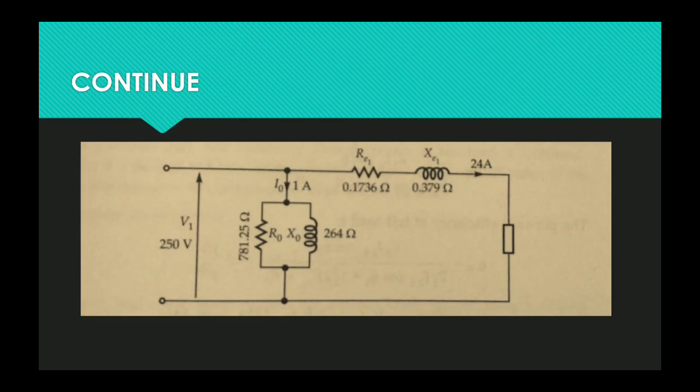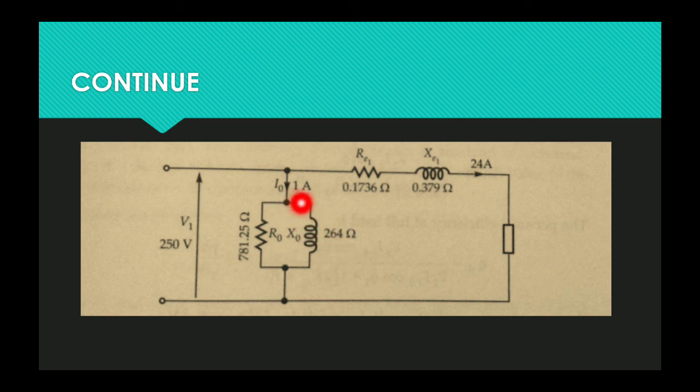That is the equivalent circuit. That is the primary supply voltage, 250 volt, plus the open circuit test values. The resistance of the core, R0, is 781.25 ohm, the reactance of the core, X0, is 264 ohm, and the no load current is 1 ampere.